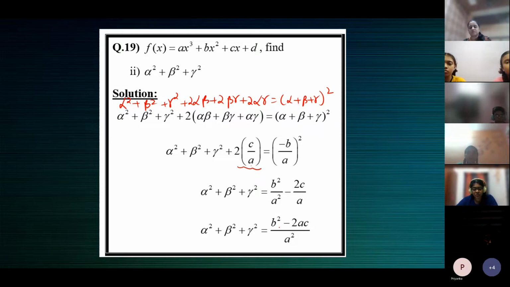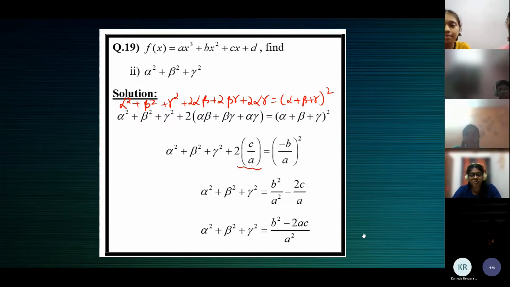LCM a square. Got it, children? Yes, ma'am.